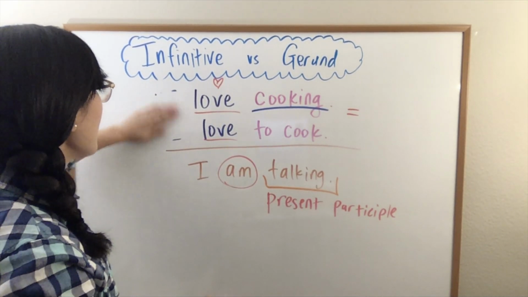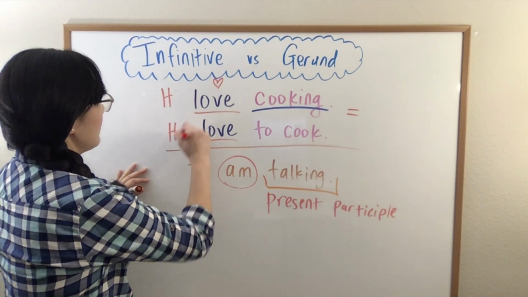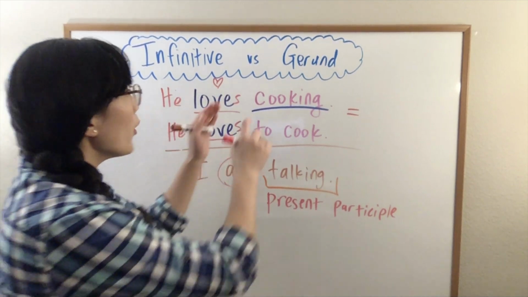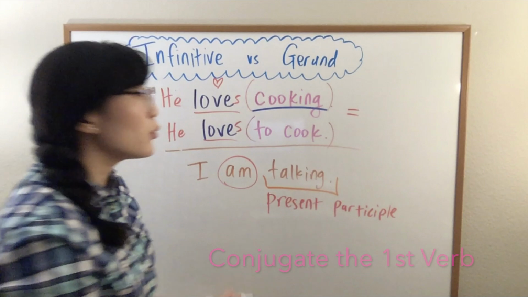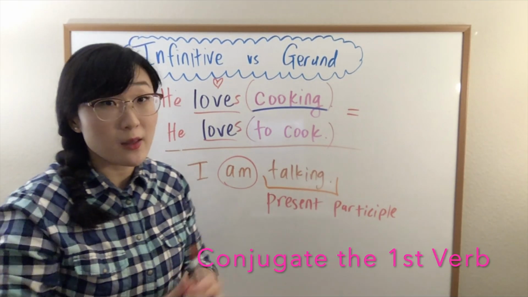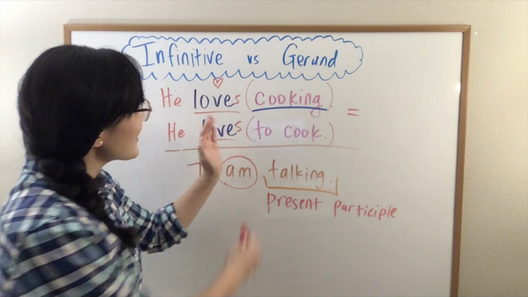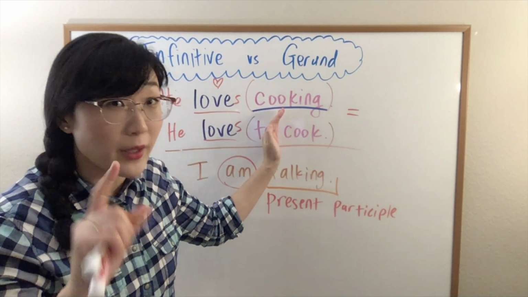For example, if I say he loves cooking, or he loves to cook, whatever you see after here and here, you will not change. Okay, that's really important. So the infinitive in this case, we notice it has the verb in the base form. You do not change that, okay, remember.